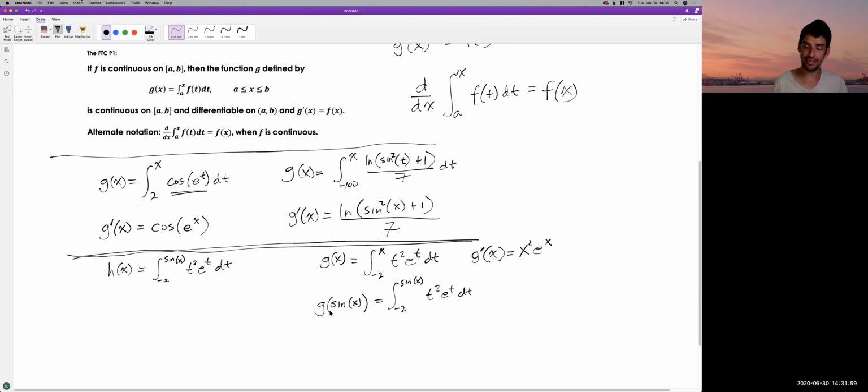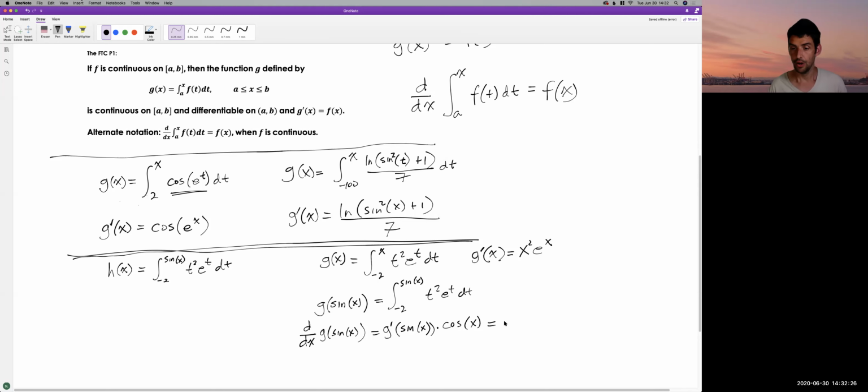Well, I know how to take this derivative. This is a composition, so I use a chain rule. If I were to take the derivative of g of sine of x, using the chain rule, I get g prime of sine of x times the derivative of sine, which is cosine of x.